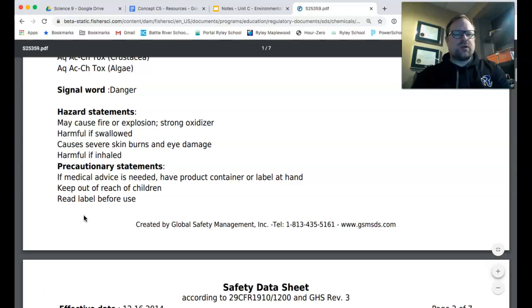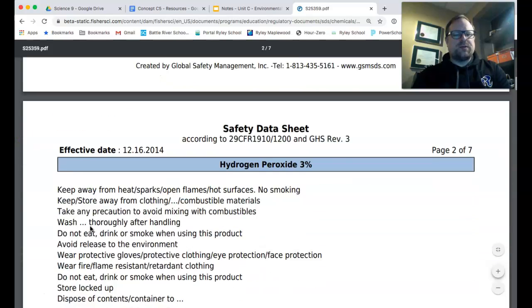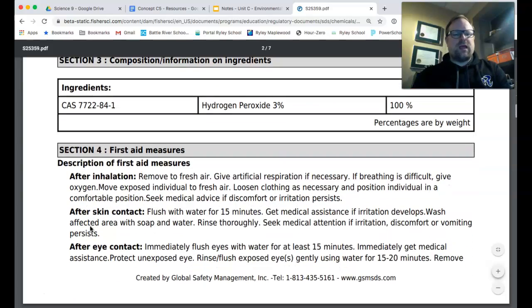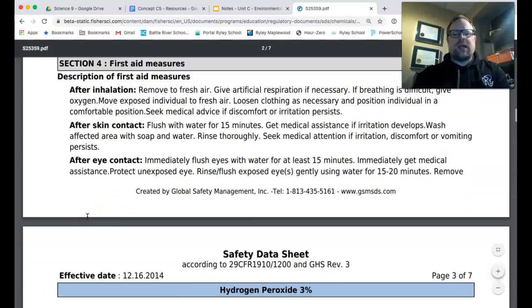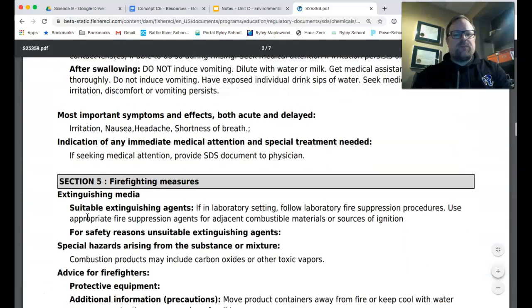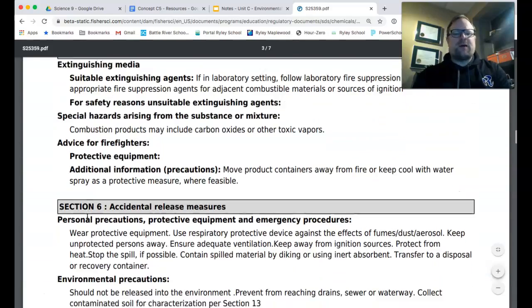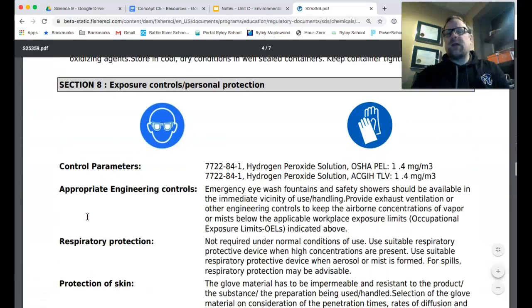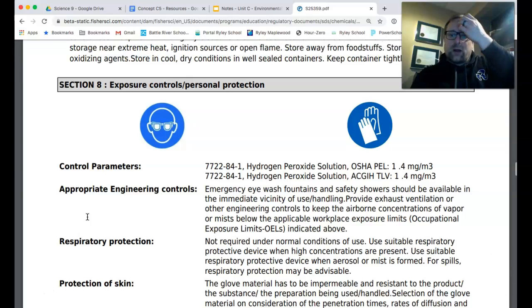It's dangerous. Here's some hazard statements, some precaution statements. It can go through other classifications, talks about first aid measures, gets into talking about firefighting, accidental release, handling and storage, right? These data sheets are excellent to be aware of.